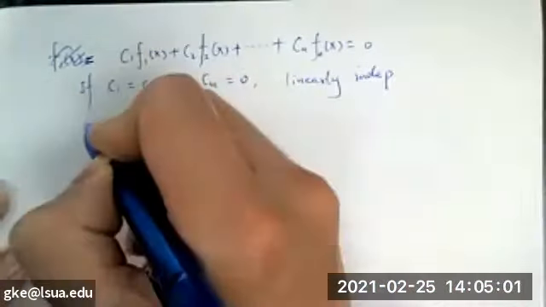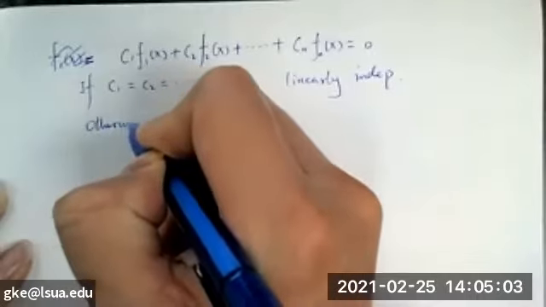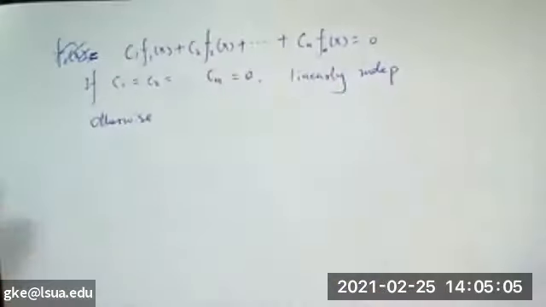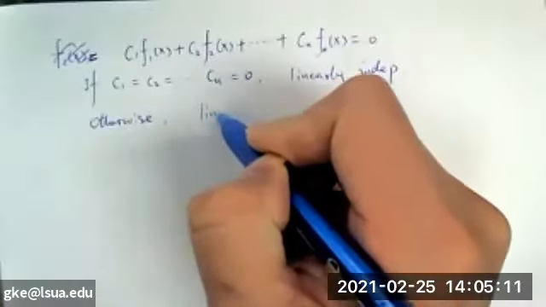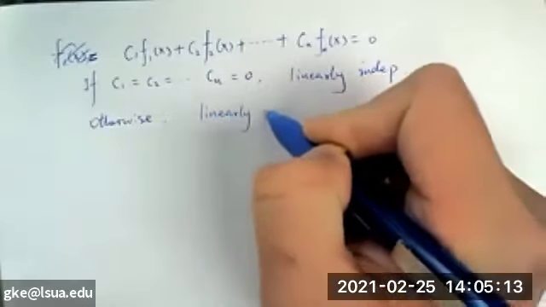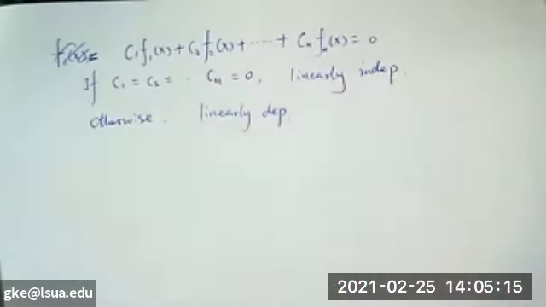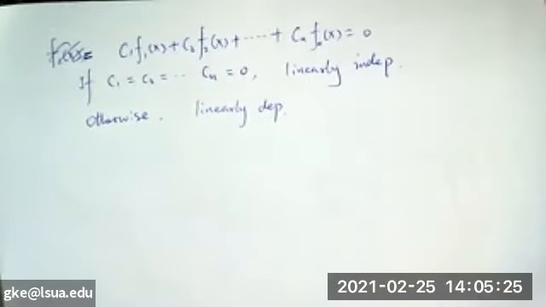Otherwise, if these constants, not all of them equal 0, then the functions are linearly dependent. So from the last class, we did an example and we found these functions are linearly dependent.